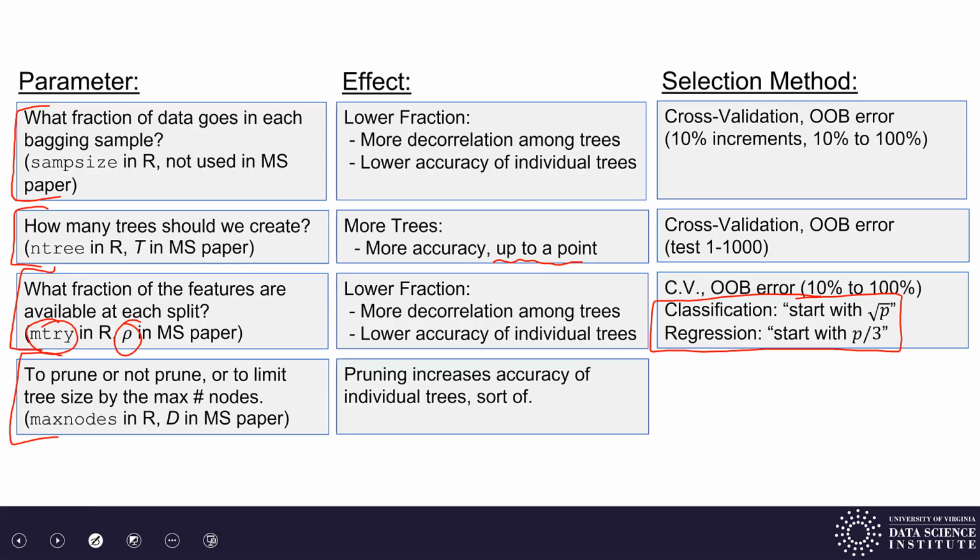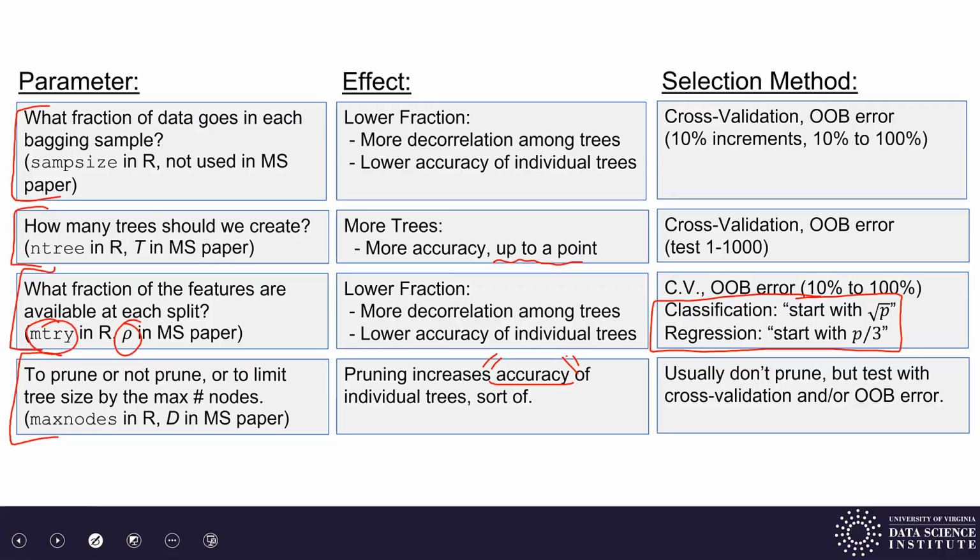So the effect of deciding to prune or not prune: pruning increases the accuracy of your individual trees, sort of. And when we say accuracy for your individual trees, that's like robustness or accuracy on test data. But we don't care very much in a random forest about your accuracy on your test data, because we're going to take averages of things to take care of that overtraining problem.